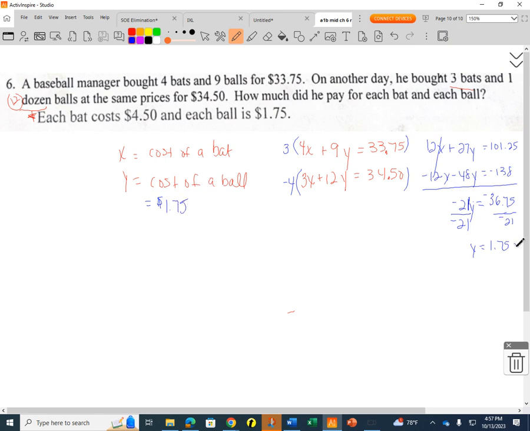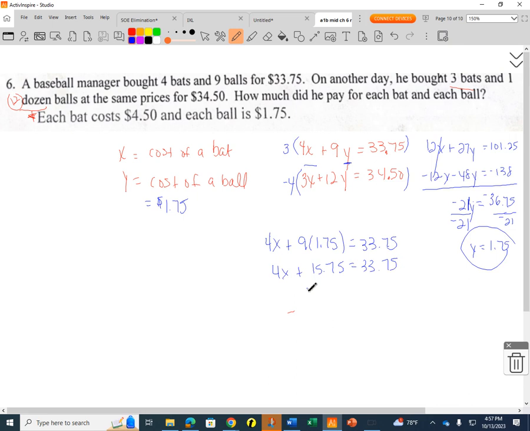So now that we know what the y is, we can plug back into one of these original equations. I'm just going to do the top one. 4x plus 9 times 1.75 equals 33.75. So 4x is the first term, 9 times what we now know is y equals 33.75. 9 times 1.75 is 15.75.